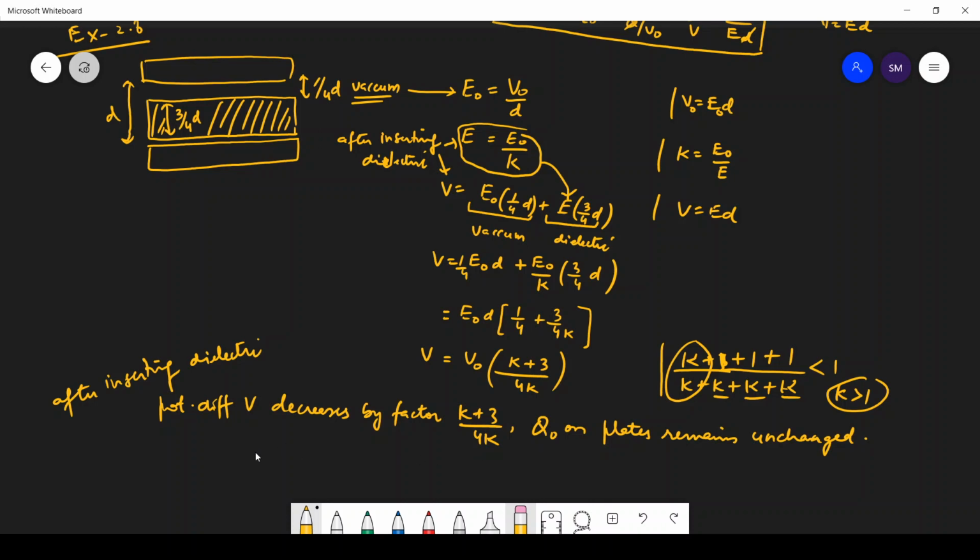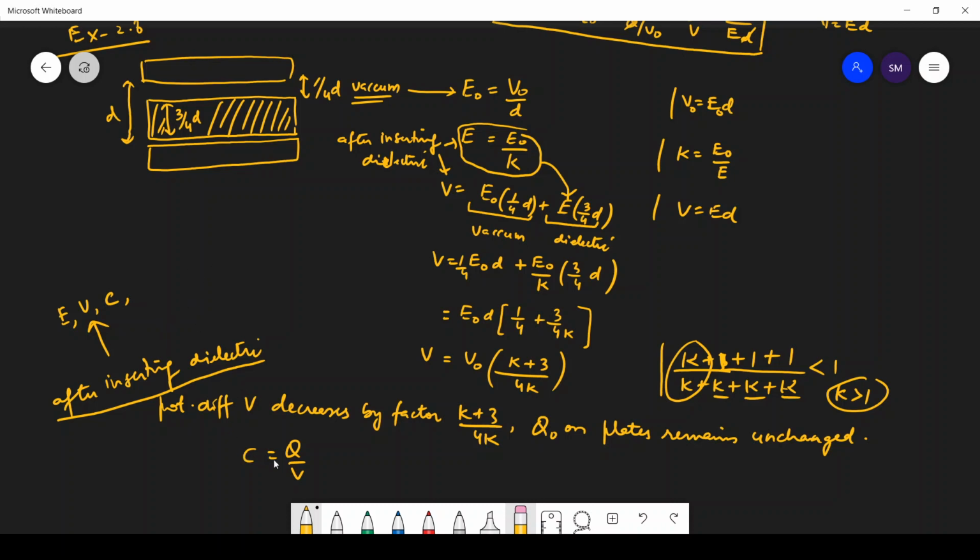So now what will be the capacitance after inserting the dielectric? Capacitance is equal to Q naught by V, since Q naught is not changed, that is why I am writing Q naught. Otherwise it will be Q by V. So the symbols that I am using after inserting the dielectric are E, V, and C. What about Q?